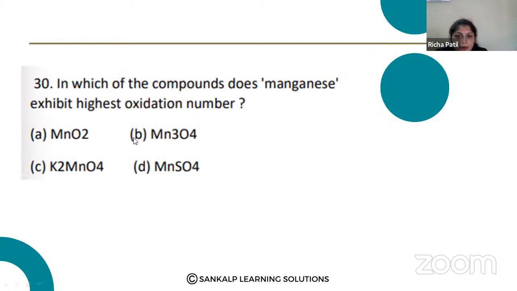In which of these compounds does manganese exhibit the higher oxidation number? We have to find out the oxidation number for each case. Now MnO2: x plus 2 into -2 equals 0, so x is 4.